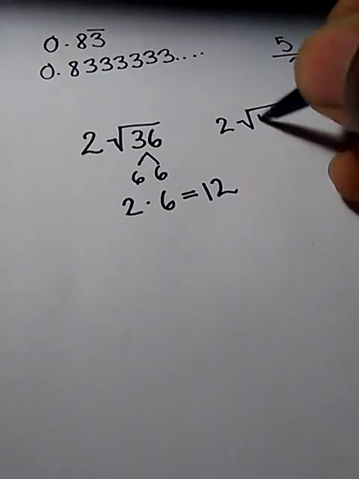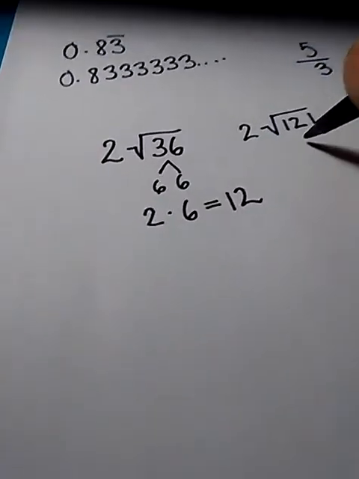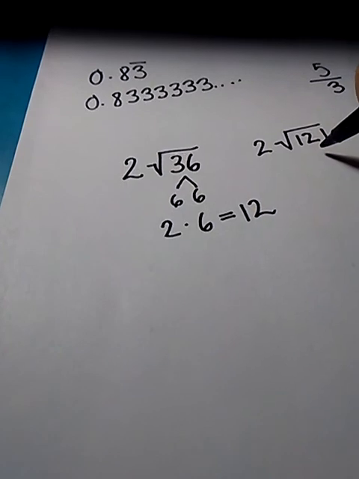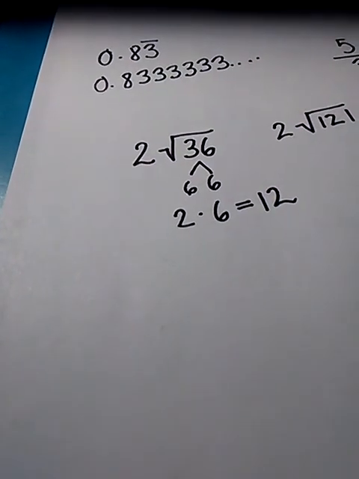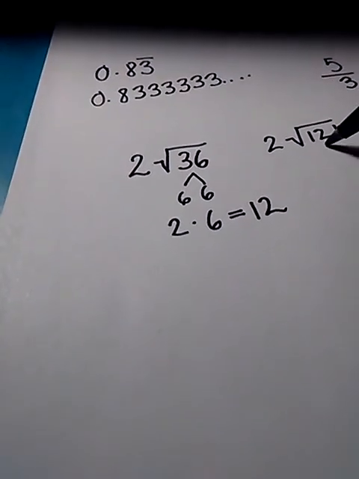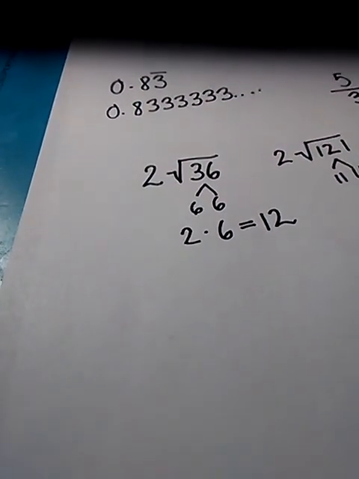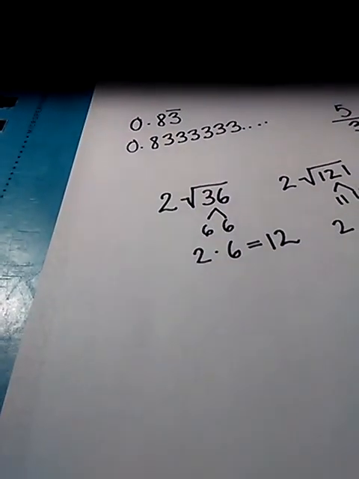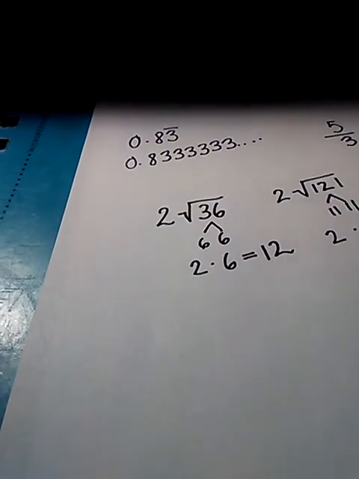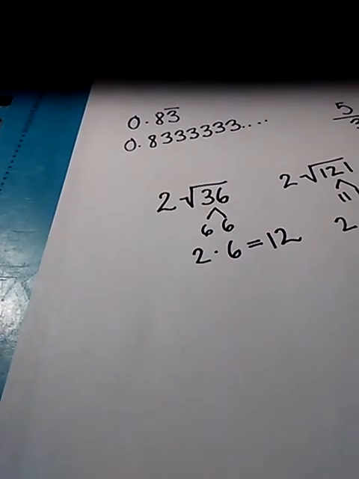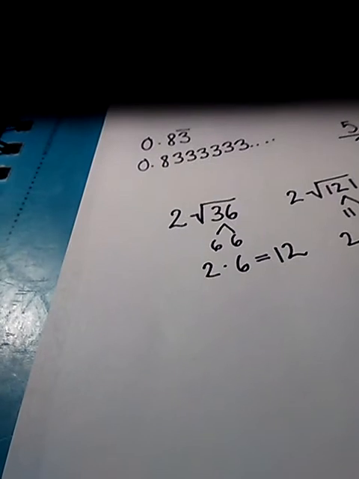Square root of 121. Now, which number multiplies by itself to give you 121? That would be 11. So it would be 2 times 11, and that equals 22.